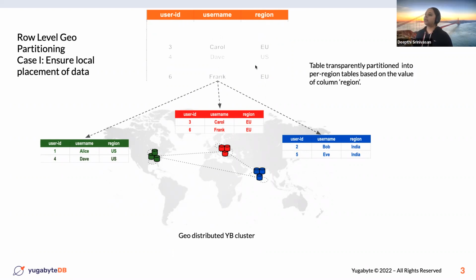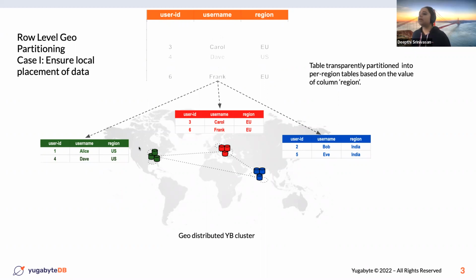I tell YugabyteDB: partition this table such that all the rows with the value US for the region column go to a separate table, let's say users US. Similarly, all the rows with the value EU for the region column go into another table, say users EU, with all of the data pertaining to EU.